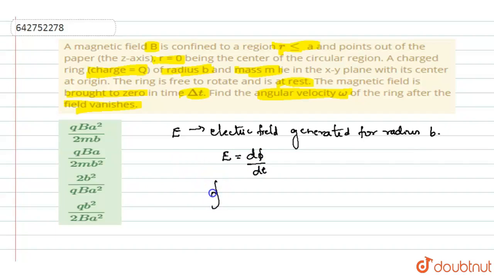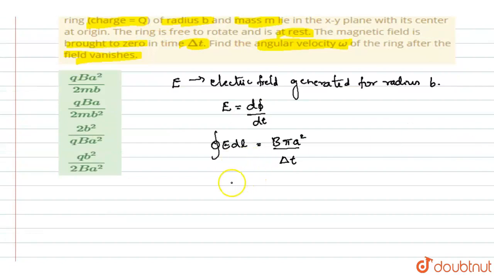And according to Faraday's law, we know that the closed integral of E dot dl is equal to B pi a square by delta t. When you substitute dl, the length, which is nothing but the circumference, you will get the equation as E into 2 pi b is equal to B pi a square by delta t, so E into b is equal to B a square by 2 delta t.